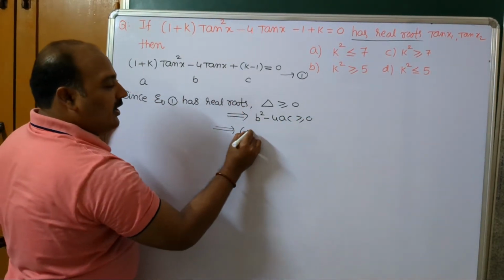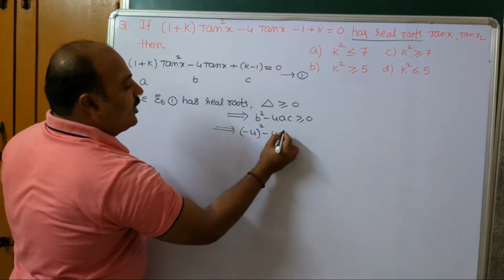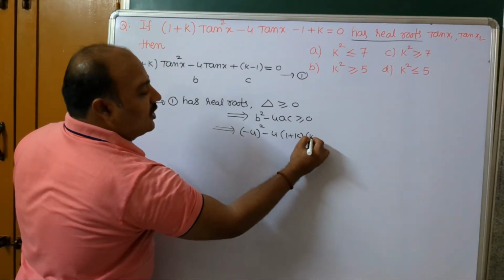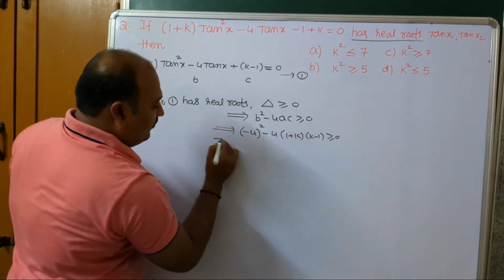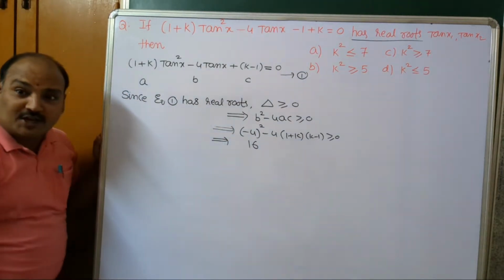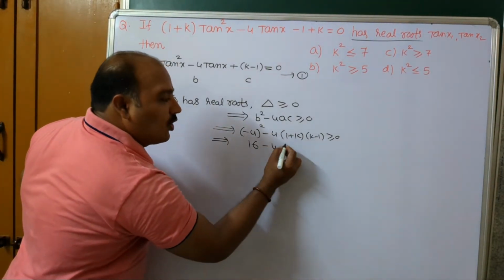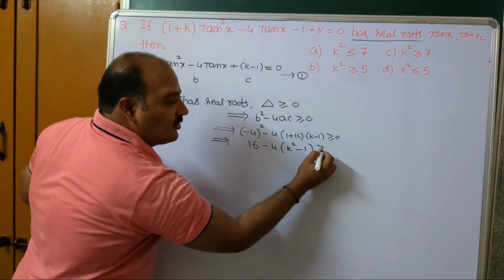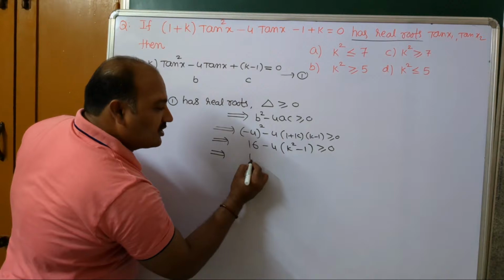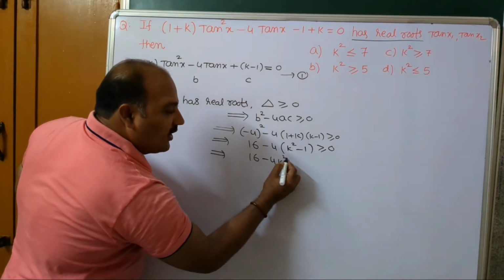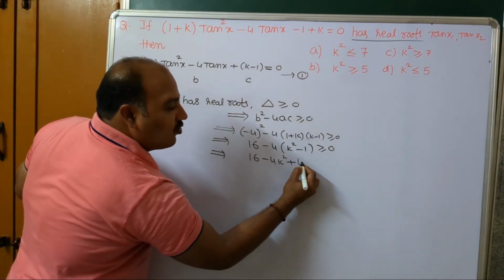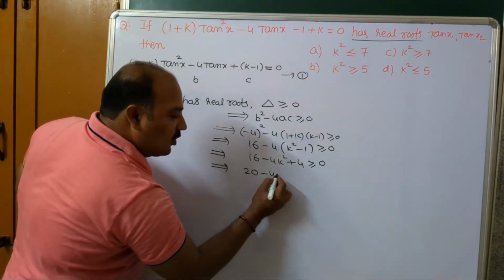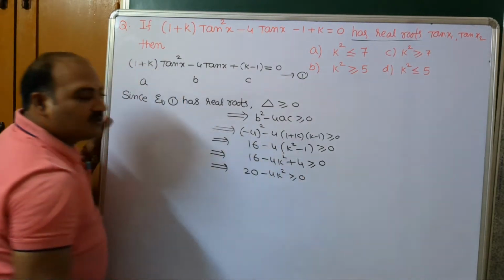Minus 4 whole square, minus 4 into (1 plus k), c value k minus 1, greater than or equal to 0. Minus 4 whole square is 16, minus 4 into (k minus 1) into (k plus 1), k square minus 1, is greater than or equal to 0. 16 minus 4k square plus 4 is greater than or equal to 0. So 20 minus 4k square is greater than or equal to 0.